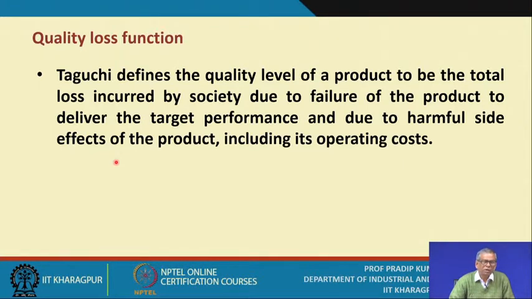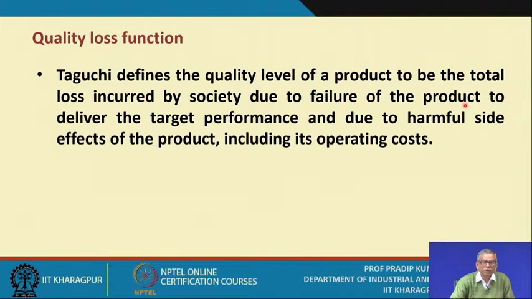So, you design the product as well as the process in such a way that the harmful side effects come to a minimum level, and failure occurrences also come down to a minimum level.